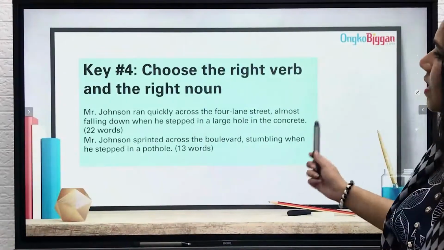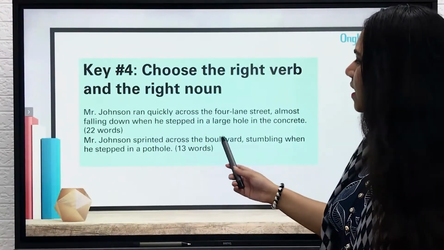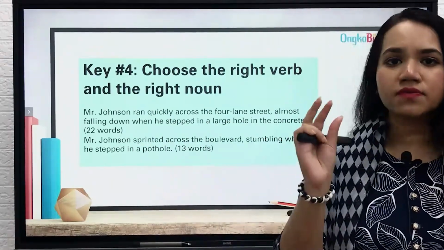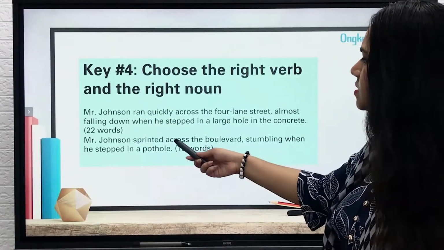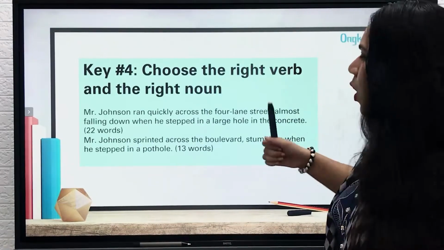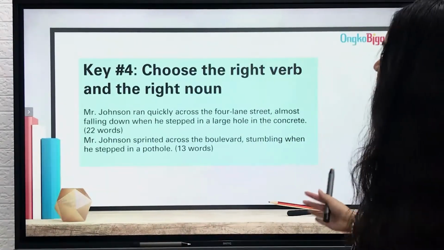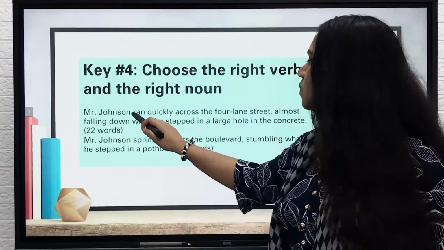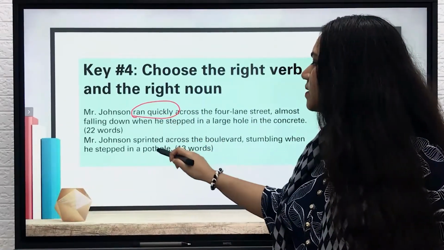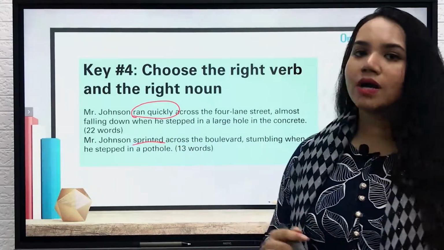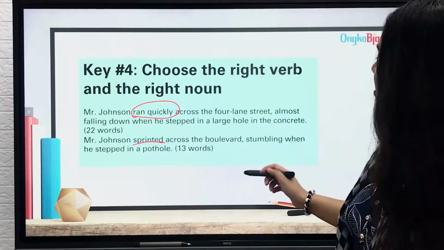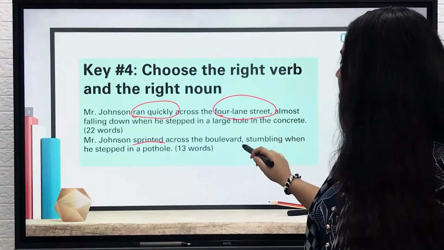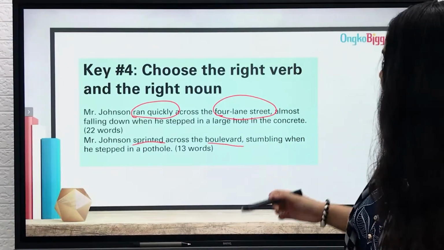Then we see, choose the right verb and the right noun. There is another sentence. Instead of making it too wordy, we can just put it in a few words. Like, Mr. Johnson ran quickly across a 4-lane street, almost falling down when he stepped in a large hole in the concrete. Instead of saying this, ran quickly can be written as sprinted. One word meaning the same. Across the 4-lane street can be expressed as boulevard.